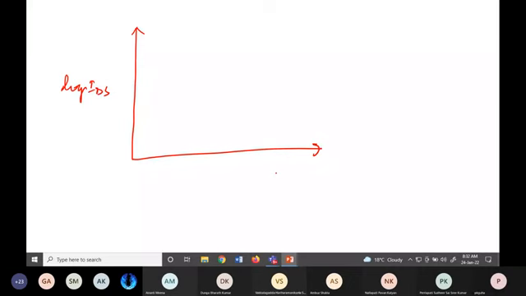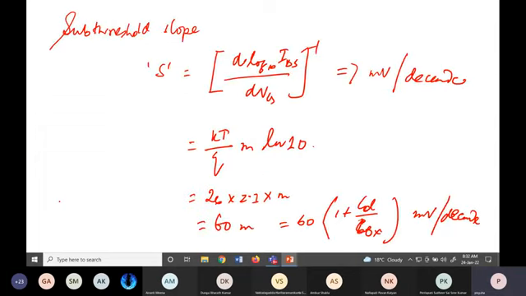So if I plot log IDS versus VGS, this slope is the subthreshold slope, and the base value we can have is 60 millivolt per decade, because this is KT over Q ln 10.